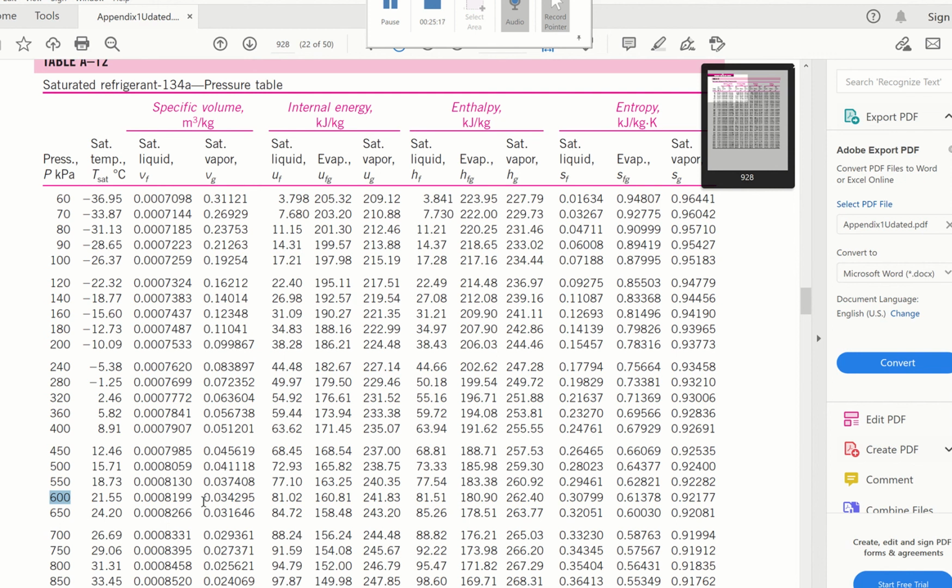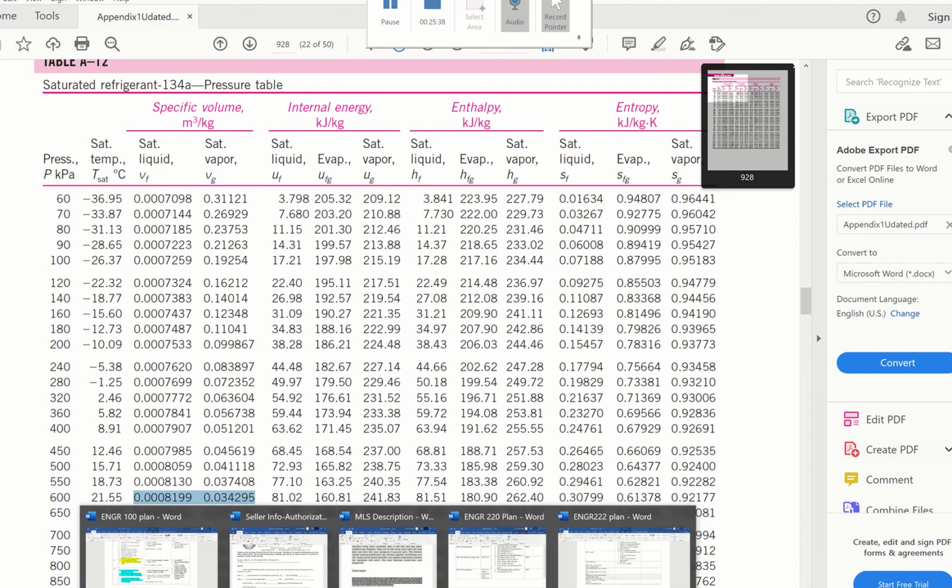Our V is 0.0014, so it's between those two values of VF and VG. So we know it's also a liquid vapor mixture for state 2. State 1 and 2 don't have to be in the same phase. It can be different. For this problem, it's the same.